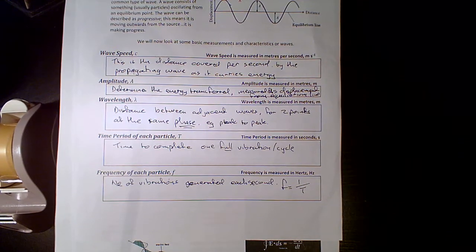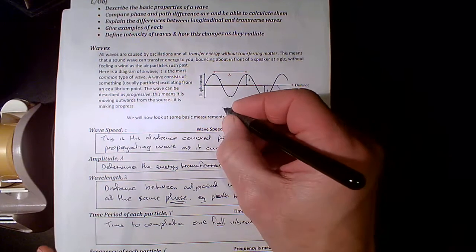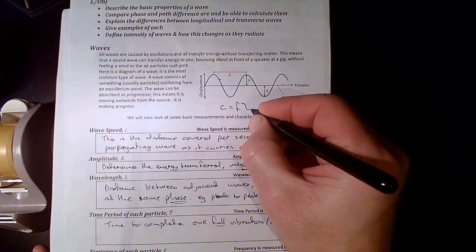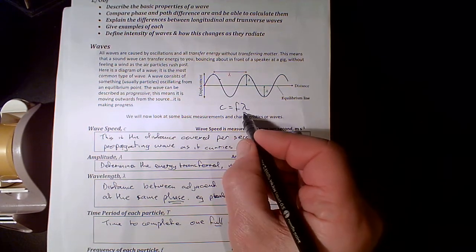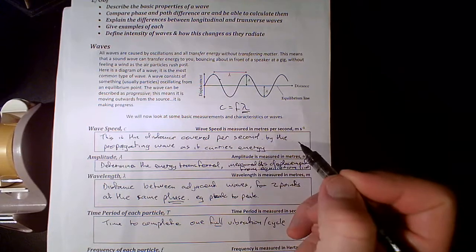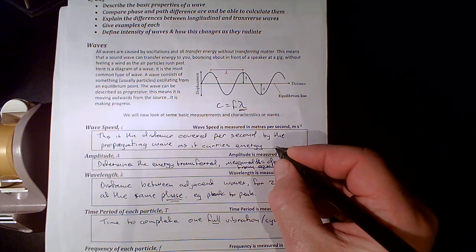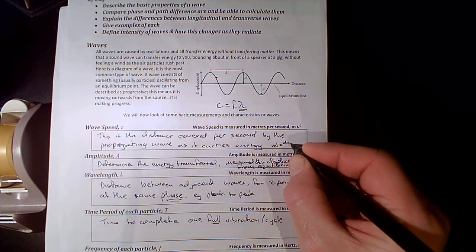The only thing I haven't mentioned is what you did a lot of at GCSE. It's probably worth reminding you that, of course, c equals f times lambda. So your wavelength depends on the other two. I should say, it's not how we write it at GCSE, but velocity is distance over time.